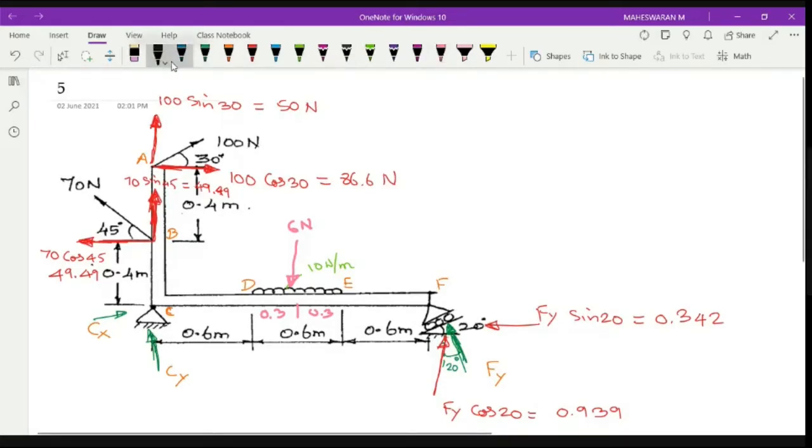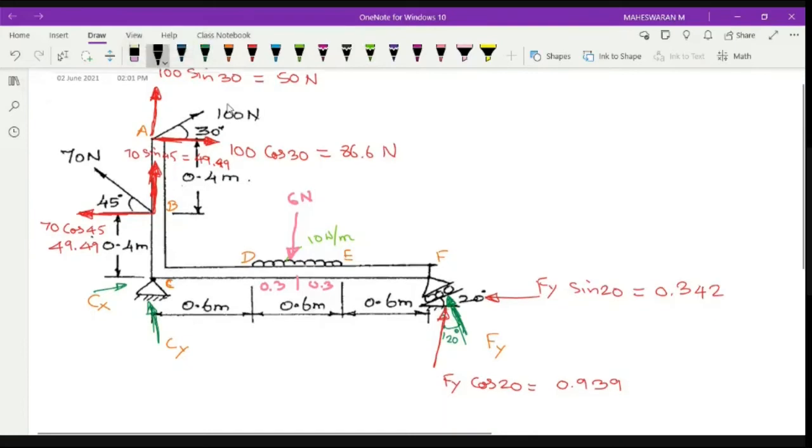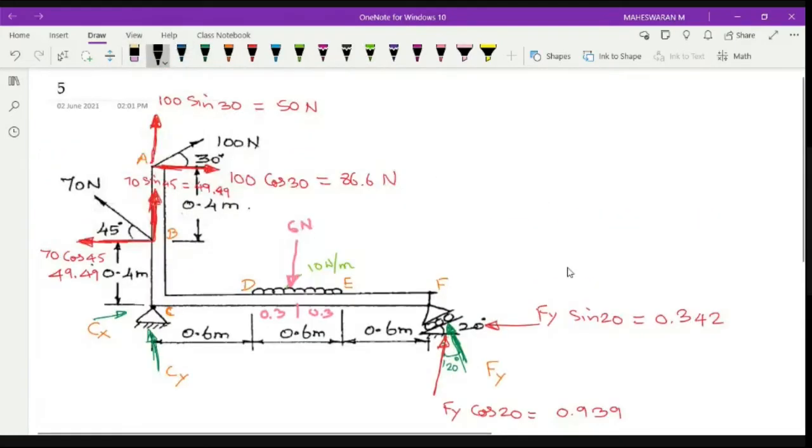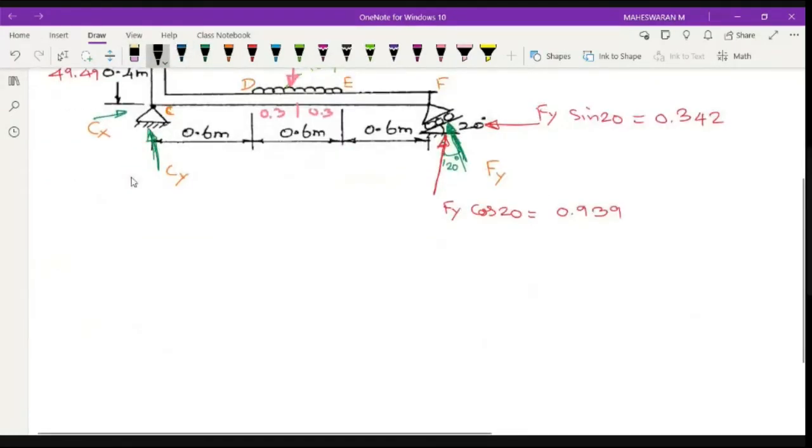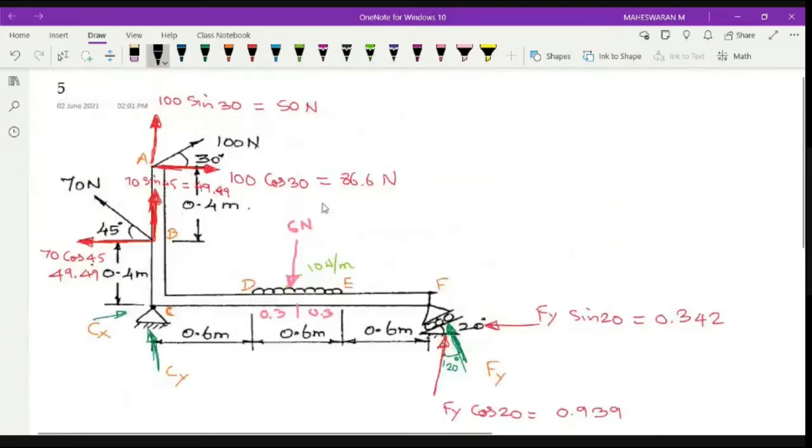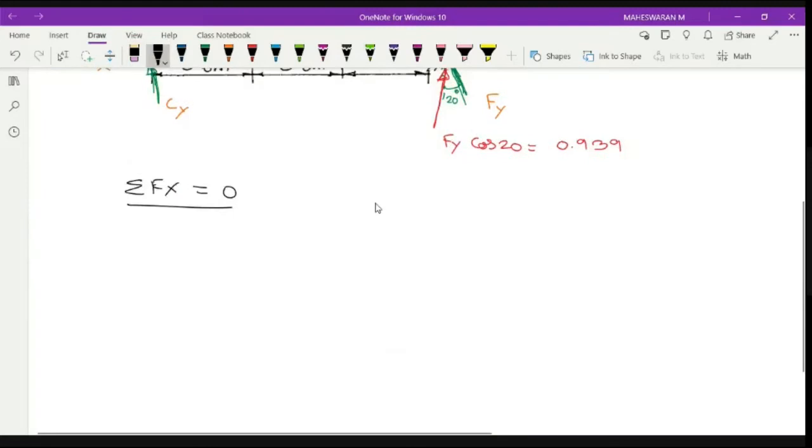Now I have to put it in equilibrium condition. In that case, I can say that sigma Fx is 0, sigma Fy is 0, and moment is 0. Let me put sigma Fx equal to 0. Add all my horizontal forces, starting from A. A is having one horizontal force, which is 86.6.